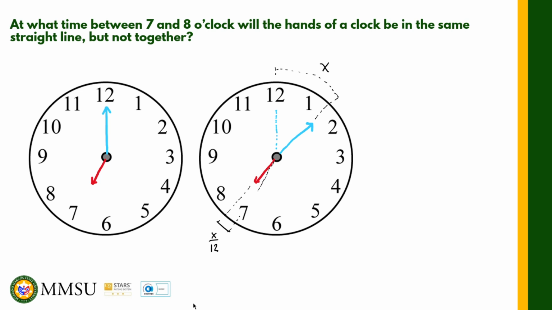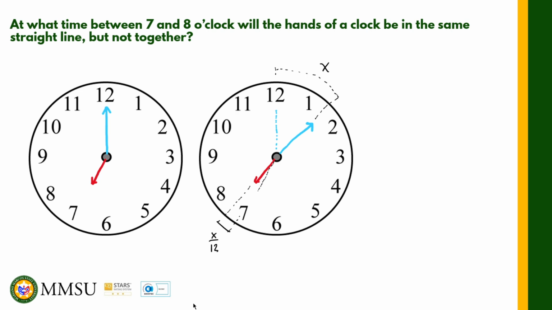Okay? And what do we know about the positions of the hands of the clock? Naka straight line, tama? And when we talk about straight lines, 180 degrees. The angle between the hands of the clock at this point is 180 degrees in terms of an angle. Pero since we are talking about time dito, let us express itong given natin in terms of number of minutes.